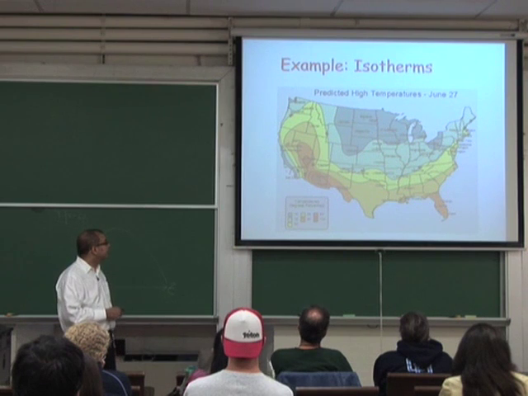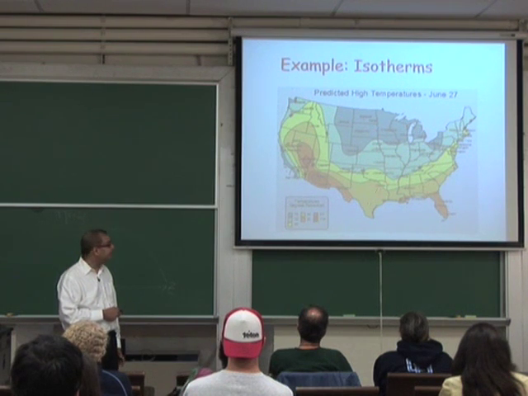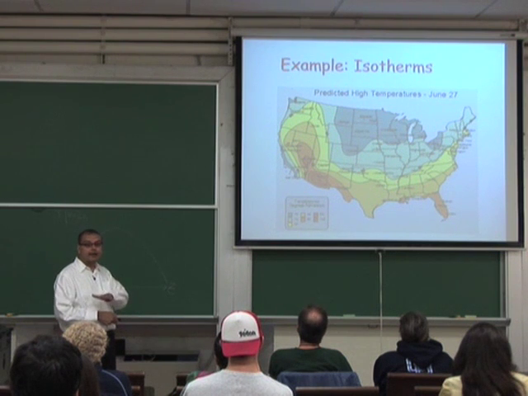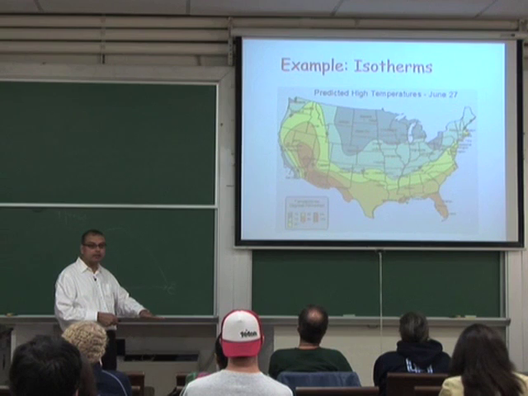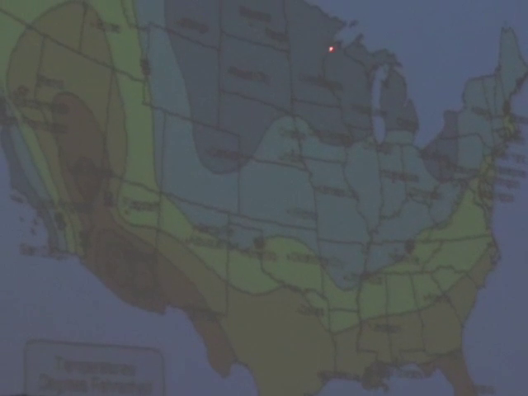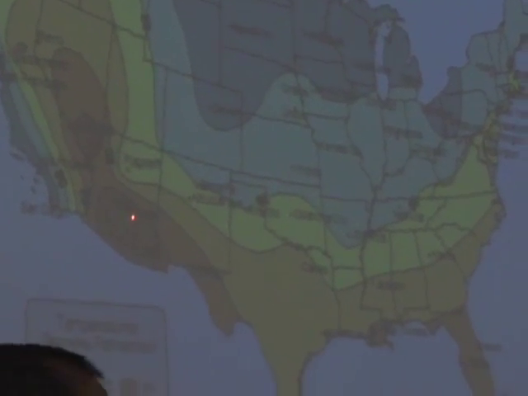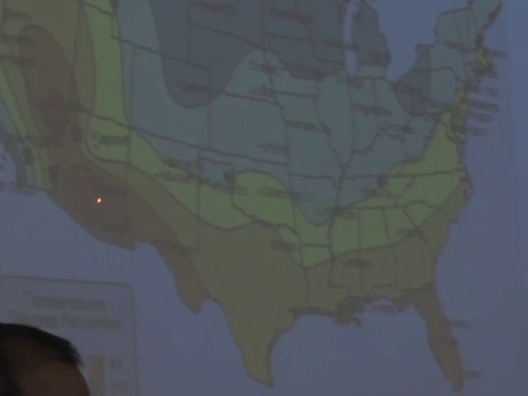So if I were to draw a three-dimensional representation of this map, I'd have the map of the US laid out horizontally on the ground with a hill starting down here and rising up to this top here, the hottest point in the US.